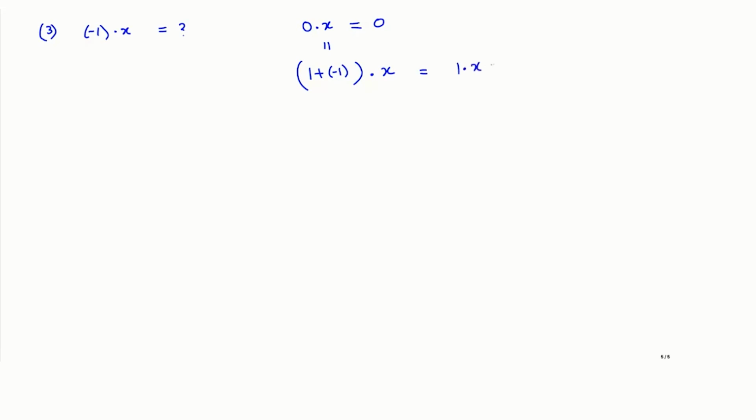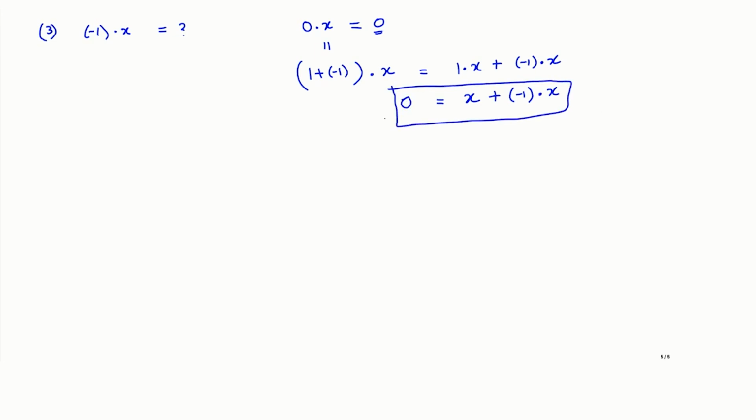This says this is 1 dot x plus minus 1 dot x. Now of course I've already concluded that 1 dot x is x, so here's my conclusion: x plus minus 1 dot x is just the element 0 of my abelian group.